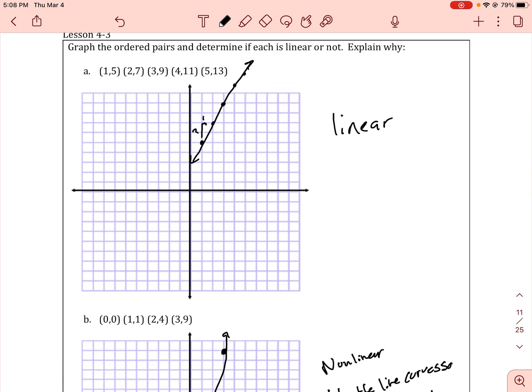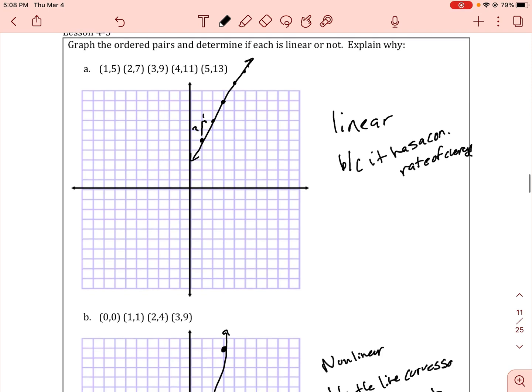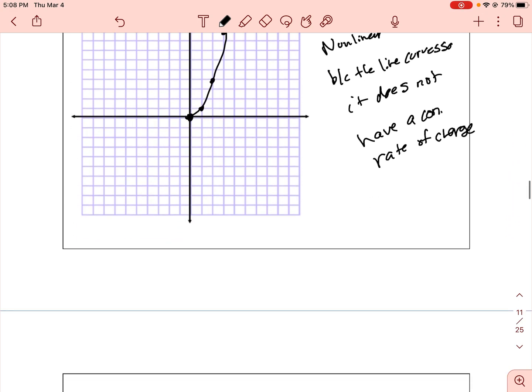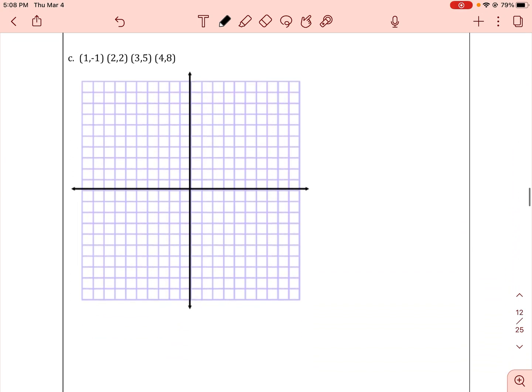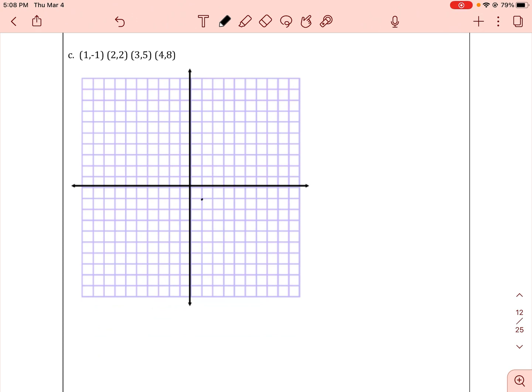This one is linear because it has a constant rate of change, or a slope, or it rises at the same rate. So let's plot these points. 1, negative 1 is there. Then 2, 2, 3, 5, 4, 8.